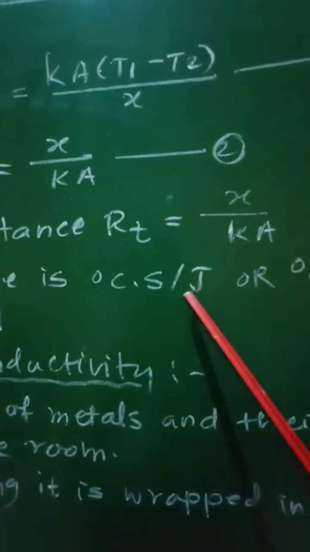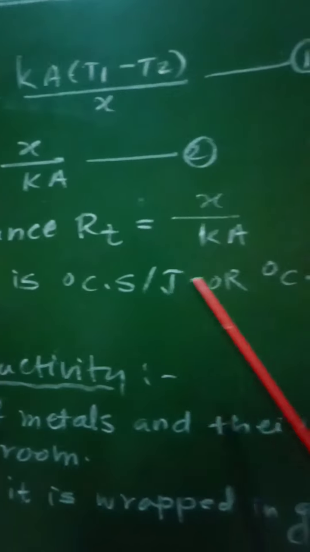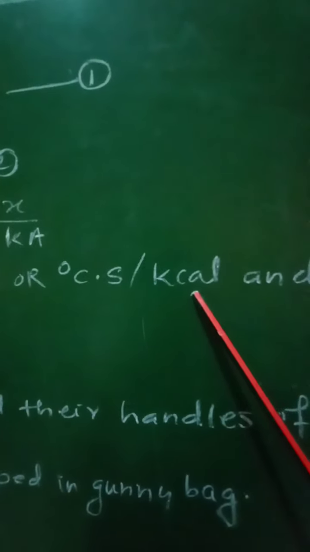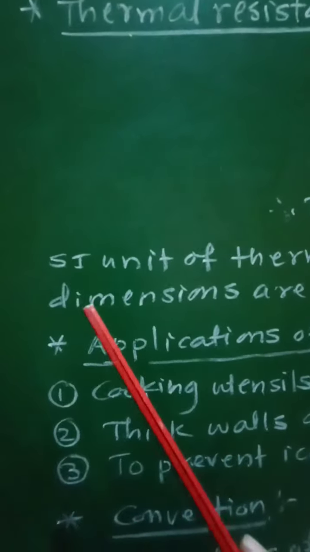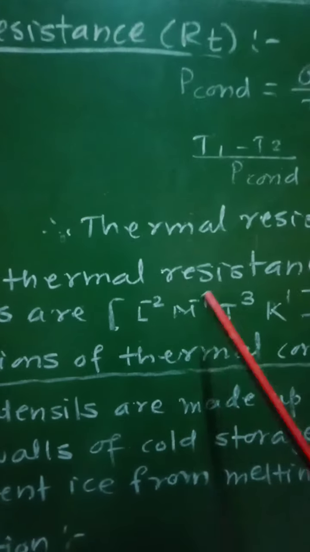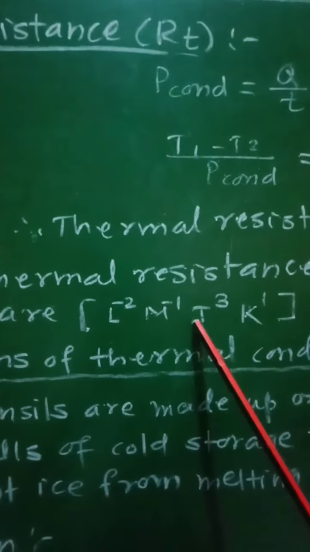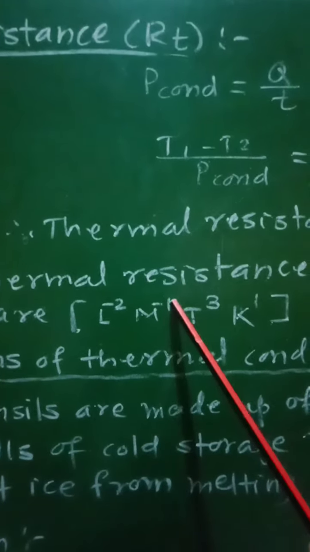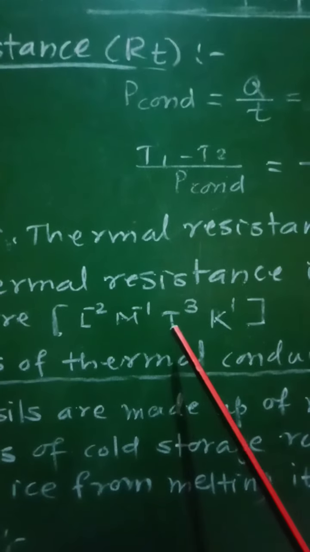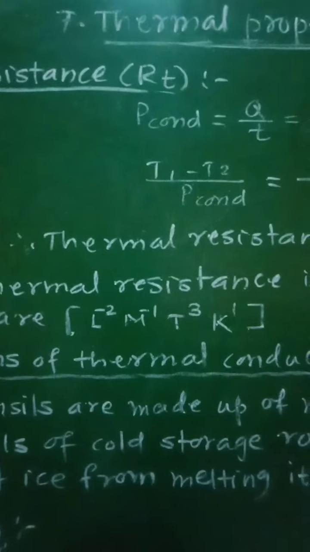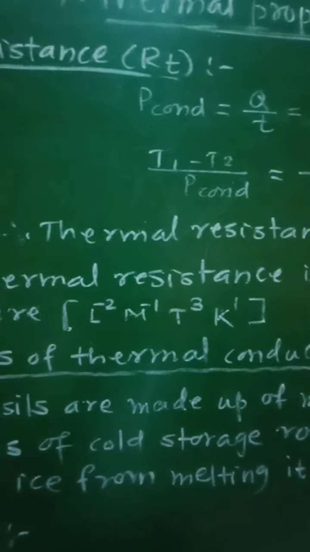This is in units of energy, that is heat, and its dimensions are given as -2 in length, -1 in mass, 3 in time and 1 in Kelvin. These are the dimensions of thermal resistance.